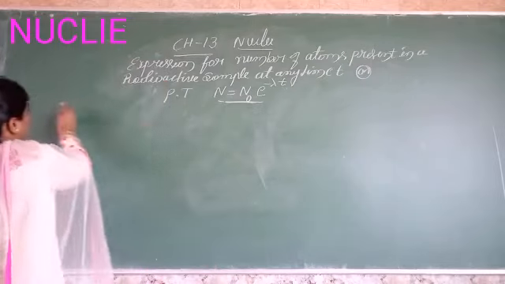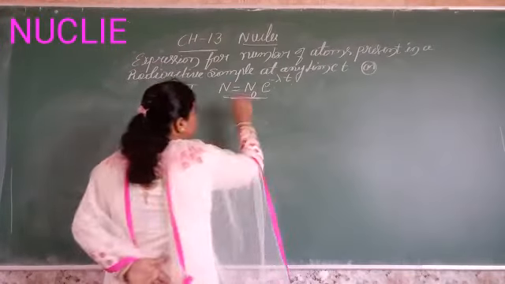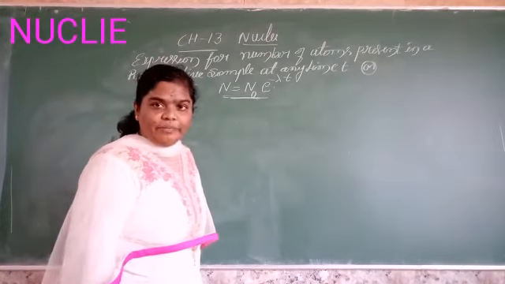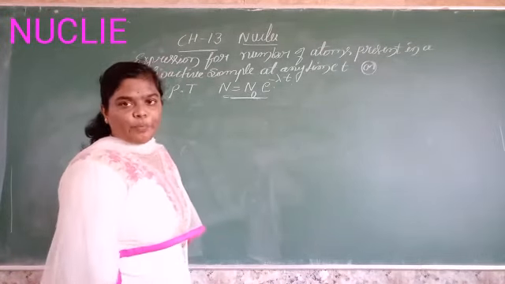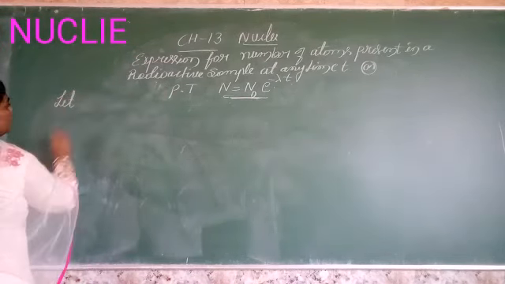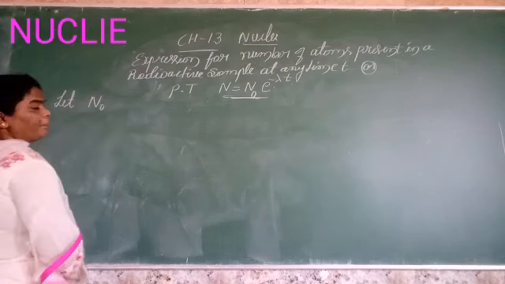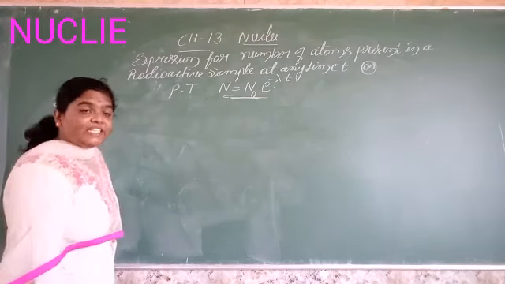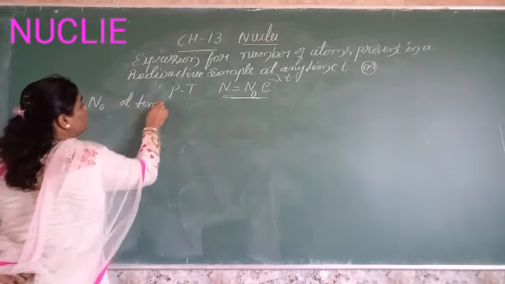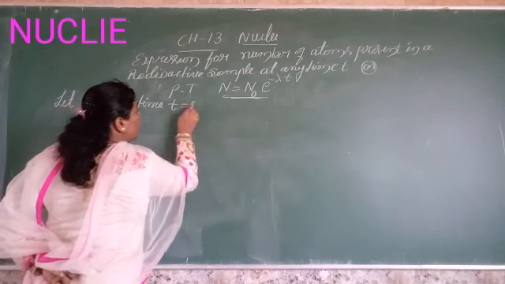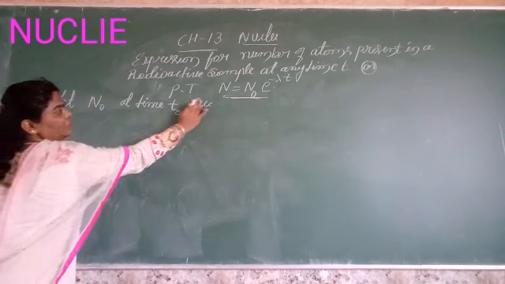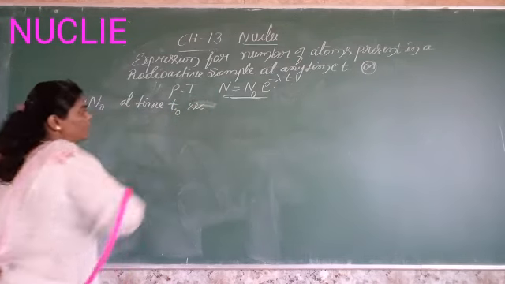Let N is equal to N naught e to the power of minus lambda t. Now see, let us consider N naught be the number of atoms at the time t is equal to 0 second.